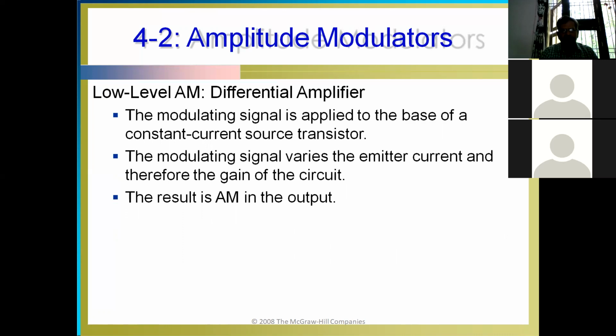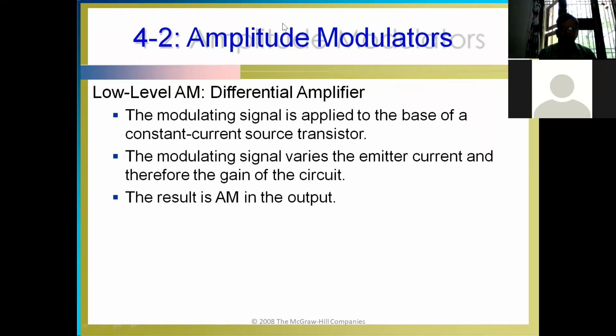The modulating signal is applied to the base of a constant current source transistor, and the modulating signal varies the emitter current and therefore the gain of the circuit.